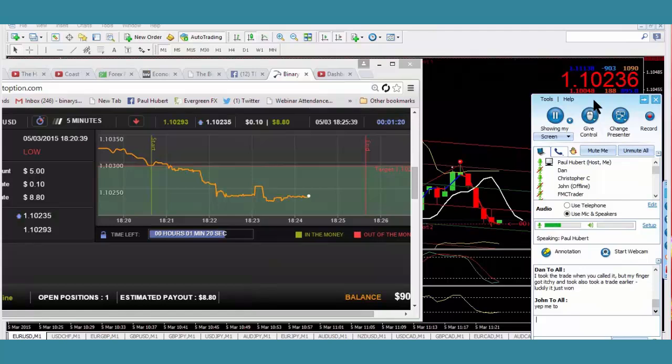And I took a trade when you called, but my finger got itchy, so I took also a trade. Oops, one second. Come on now. Trying to move the, there it is. Most spot option brokers are white labels, offshores that are not CT option and not a couple of other prime brokers.